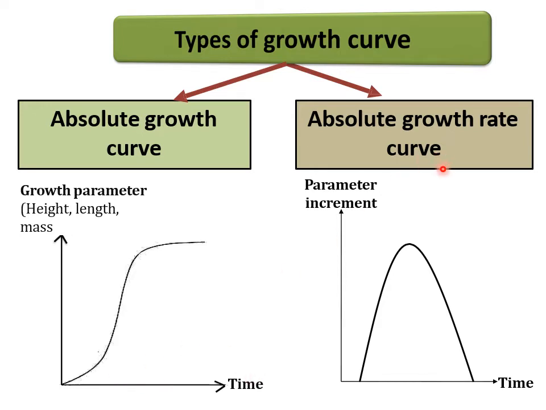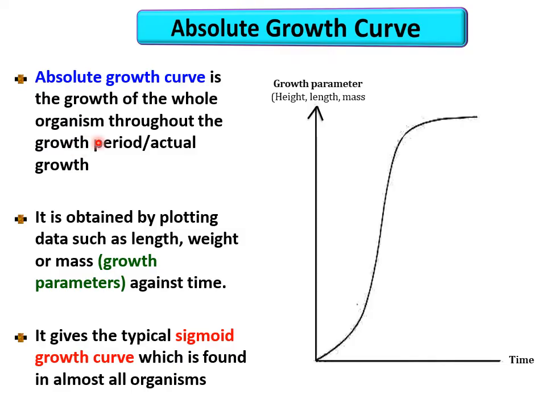For the absolute growth rate curve, the parameter increment is plotted against time, so it shows a bell shape curve. Absolute growth curve is the growth of the whole organism throughout the growth period, and it is obtained by plotting the growth parameter against time, so it gives the typical sigmoid growth curve.